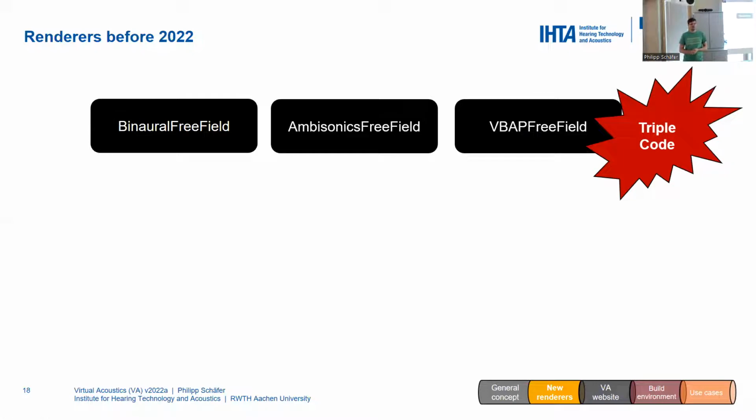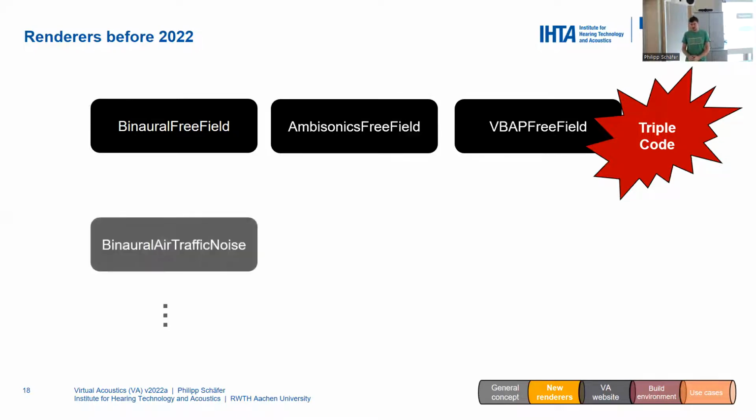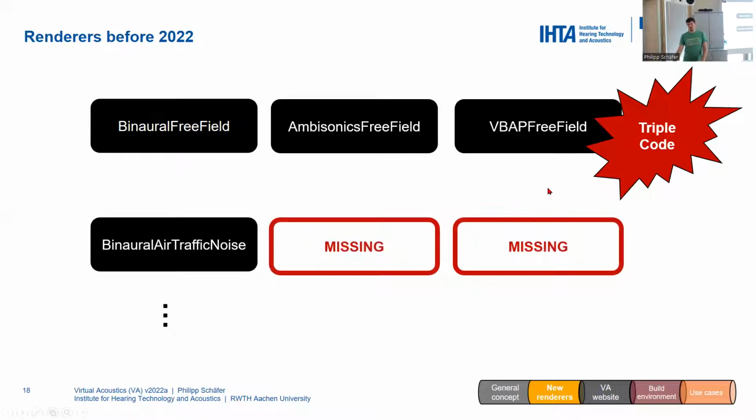And this means code-wise, there's 3 times the same code within the system, and for a developer, this is not nice because it really increases the maintenance and is very error prone. On the other hand, there are other renderers like the binaural air traffic noise renderer, where the ambisonics spatialization and VBAP spatialization was missing.